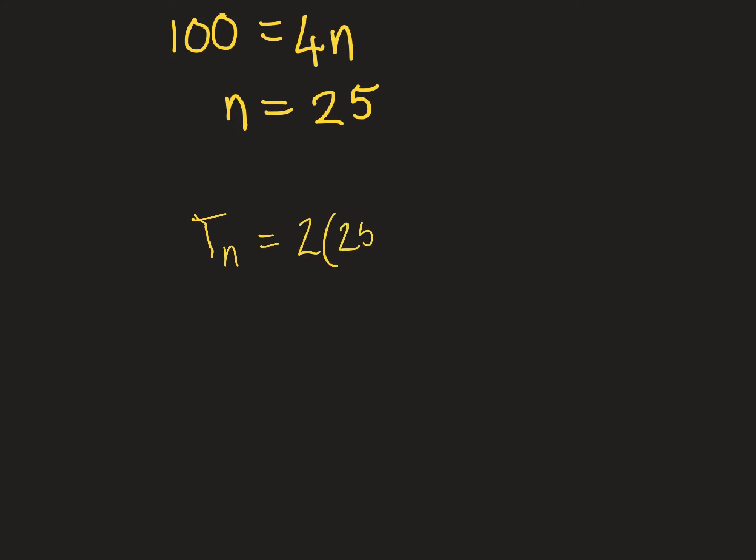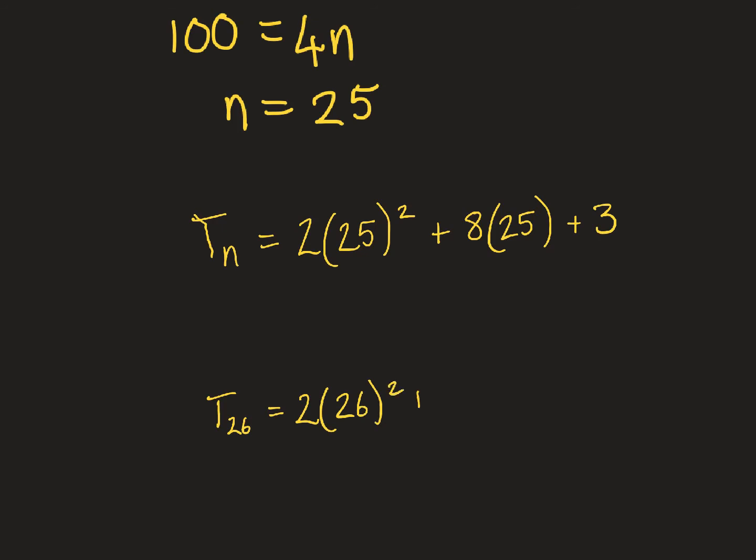The first one is the 25th term, and it's going to be 2 times 25 squared, plus 8 times 25, and plus c. Oh, and c was 3. And then the other one was the 26th term. Remember that you have a calculator that will calculate this all for us.